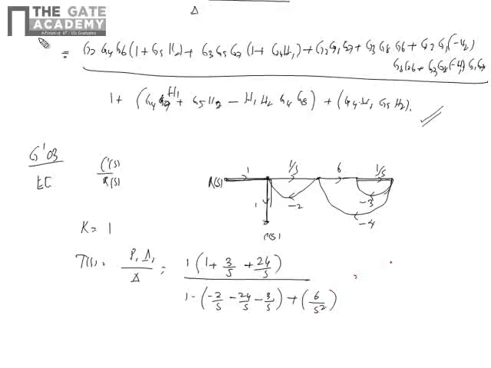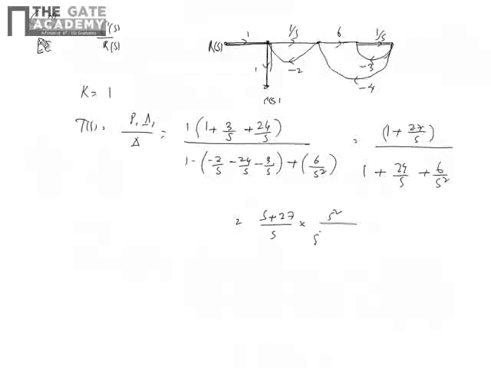So you will get 1 plus 27 by s divided by 1 plus 29 by s plus 6 by s square. So you will get s plus 27 by s into s square by s square plus 29s plus 6.